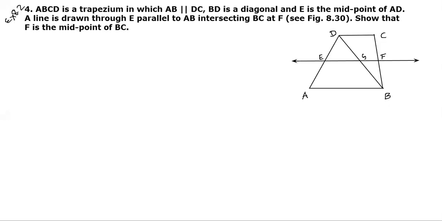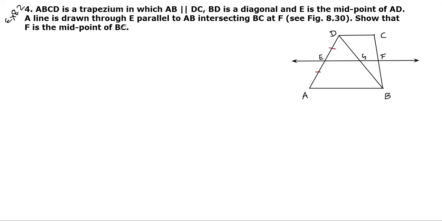Question number 4, exercise 8.2. ABCD is a trapezium. AB is parallel to DC. BD is its diagonal. E is the midpoint of AD, so AE is equal to ED.